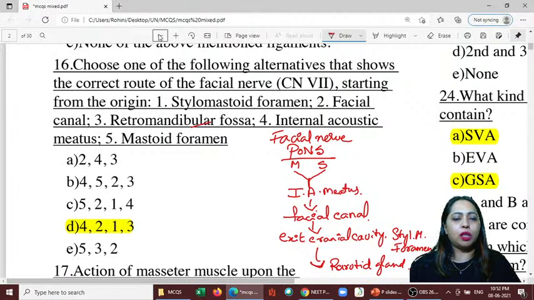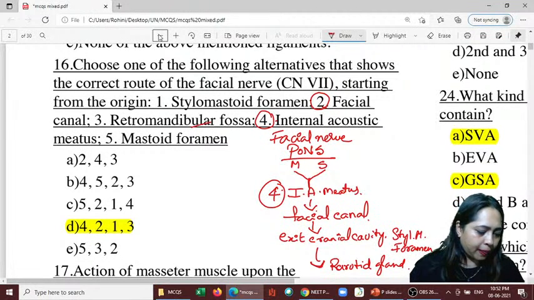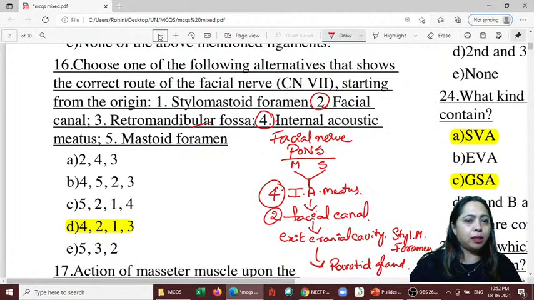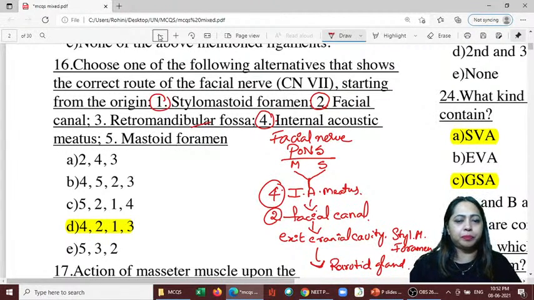So this is the one, internal acoustic meatus. That is 4. Then facial canal. Where is the facial canal? That is 2. Then there is stylomastoid foramen. That is 1. And then it enters the retromandibular fossa.